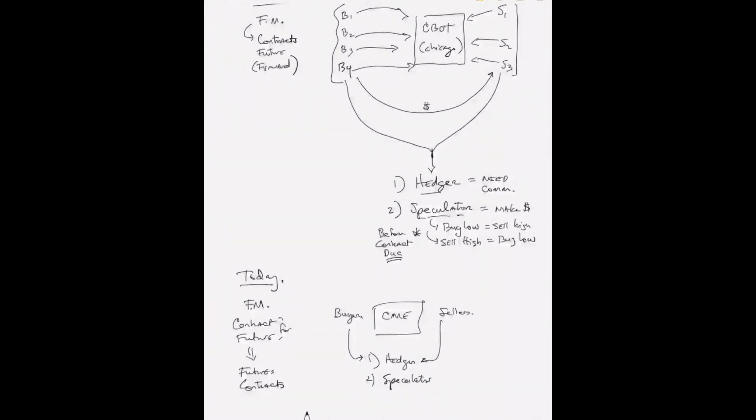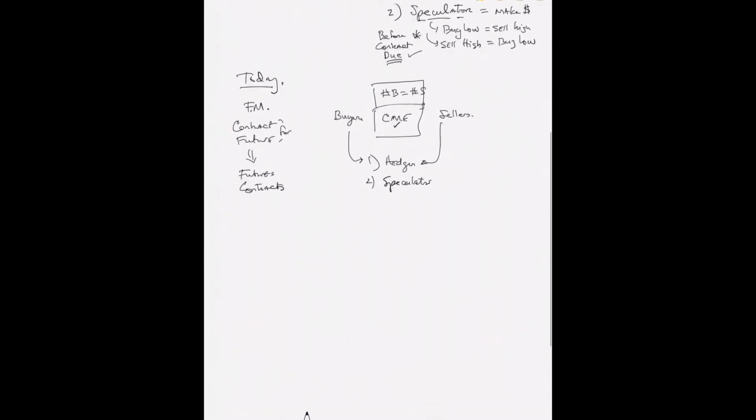Now, here's what the market's going to make sure. The CME group's going to make sure something. They're going to make sure that the numbers of buyers, by the time the contract is done, equals the number of sellers. They're going to make sure that holds true every time. And when that holds true, before the due date, they will be able to have the exact numbers of buyers and sellers to equal, and that's the function of the market.